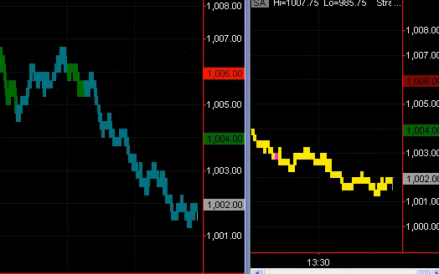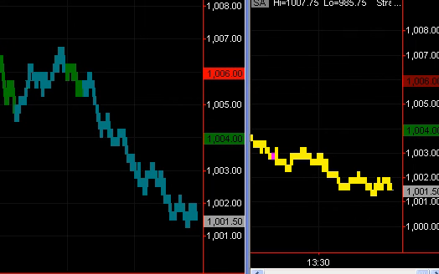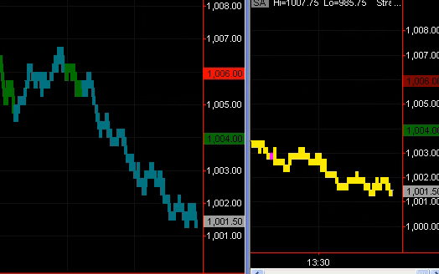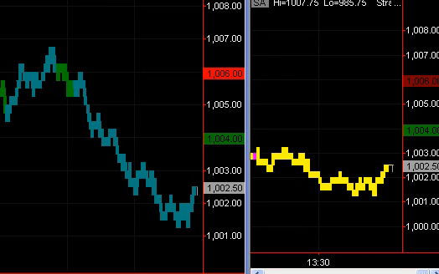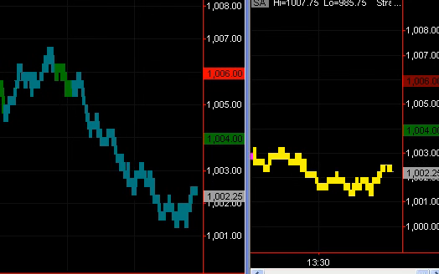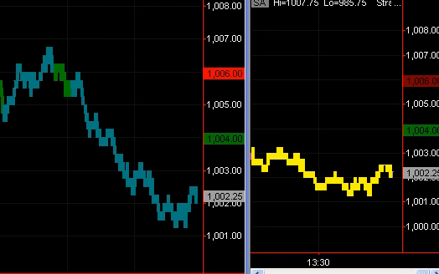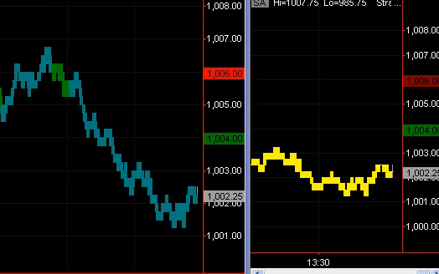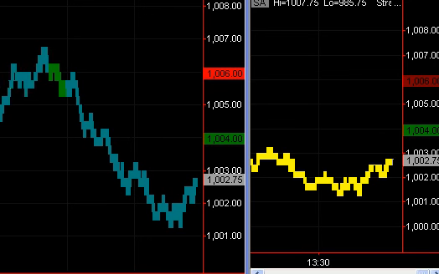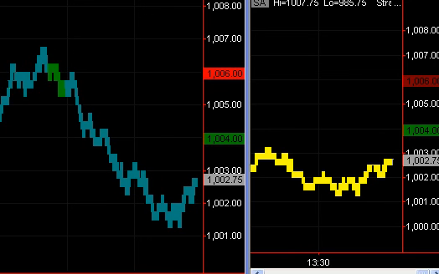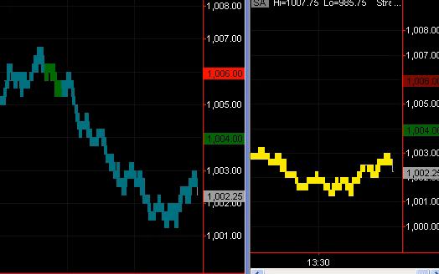Now what I've done is I've just pulled two charts onto the screen here so we can watch them both at the same time. No reversal at the bottom yet.